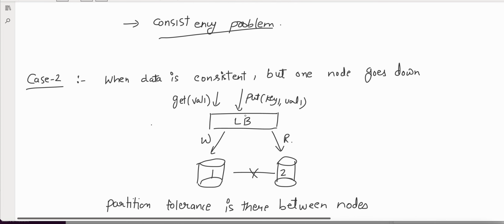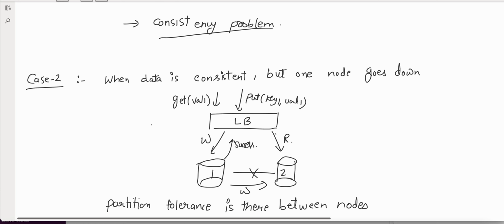So how would you solve the problem? Simple: when a write query is coming to node 1, you also do a write on node 2, and only then you return the success response. So now when the get query is coming, it doesn't matter which node it goes to, it always returns you the value.